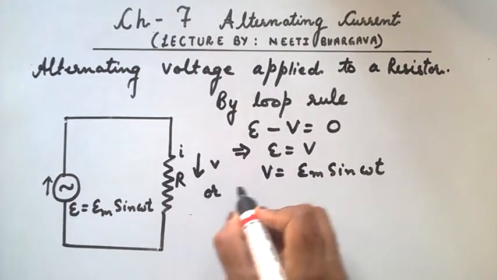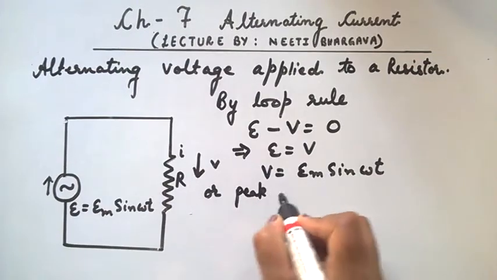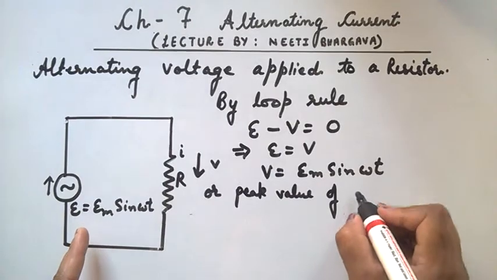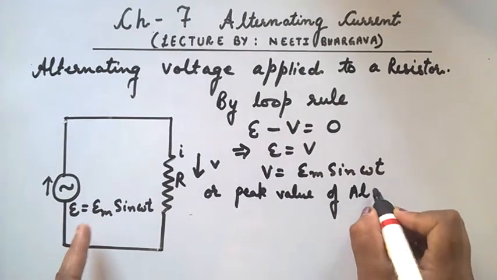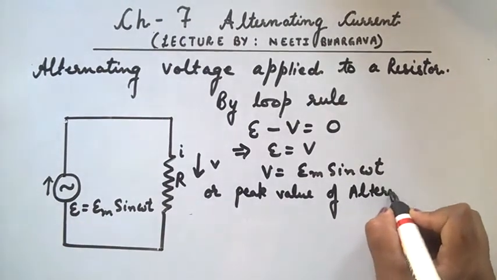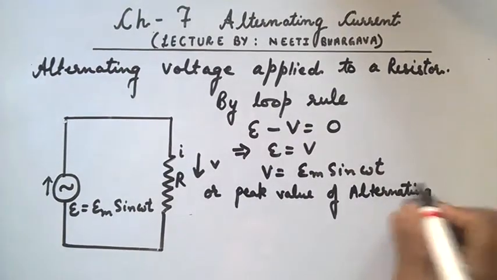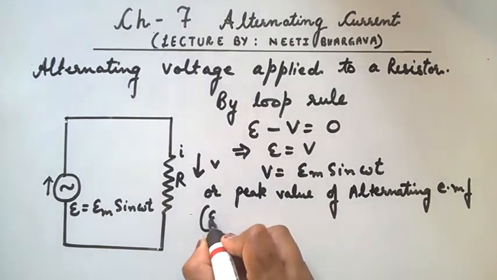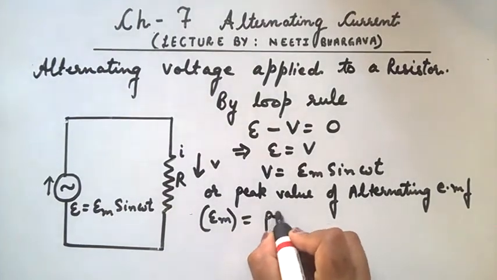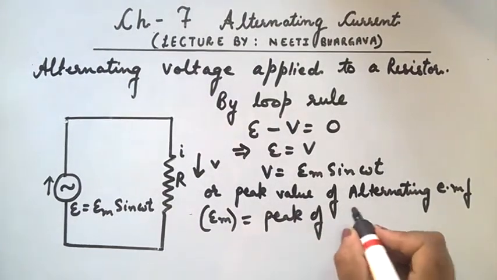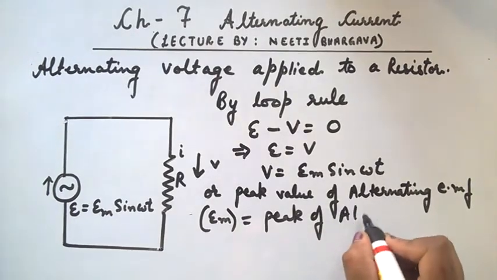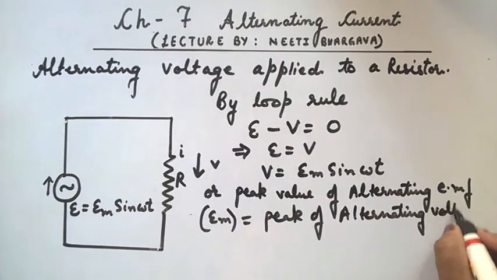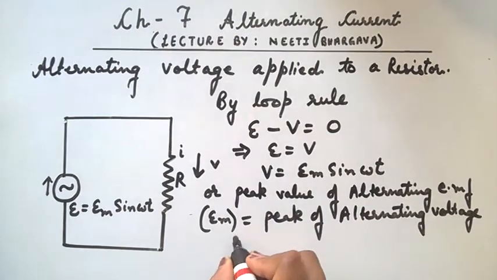That is, the peak value of the alternating EMF, that is Em, is equal to the peak value of the alternating voltage, that is Vm.